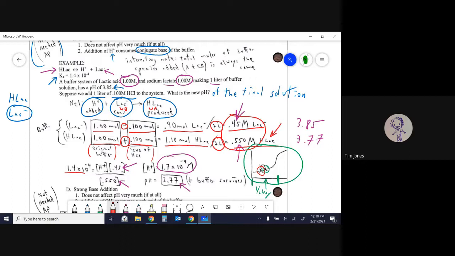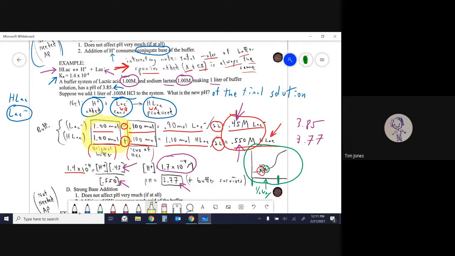I made a note up here that I intentionally ignored because I didn't think we were ready for it, but right here, this one. There's a lot of arrows and a lot of colors right now. An interesting note, the total moles of buffer species, meaning acid and conjugate base, is always the same. So if you look at this problem here, we had a total of 2 moles. Let me go highlighter. 2 moles of total buffer species.